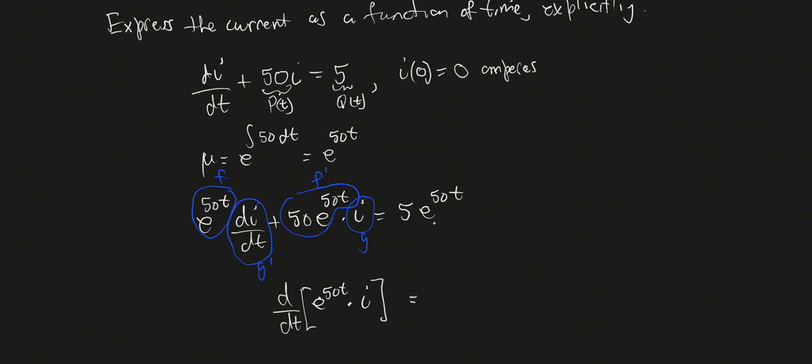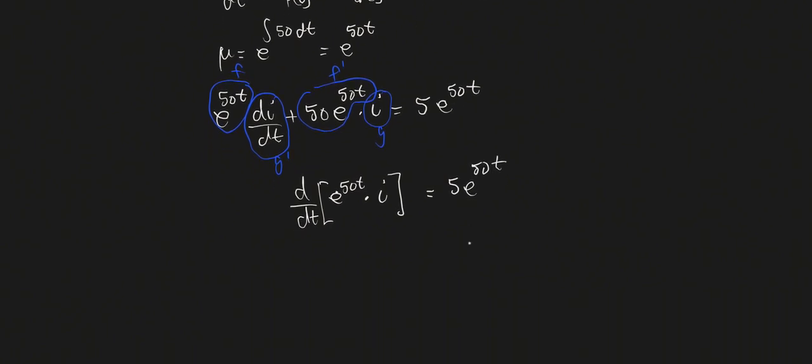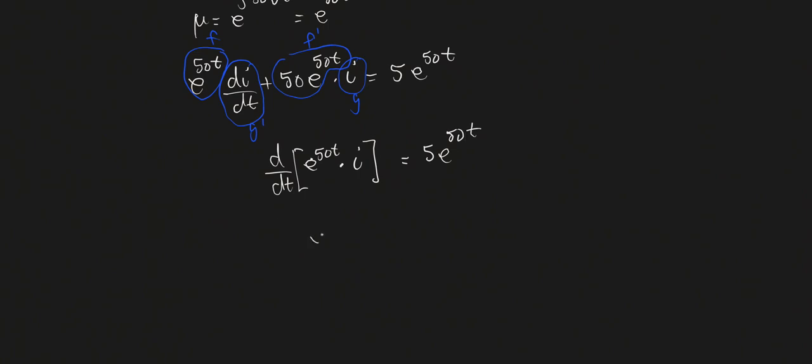So we end up getting, well, this expression on the right-hand side stays the same. Now, integrating both sides, we will have e to the 50t times I, and the antiderivative of 5e to the 50t dt.